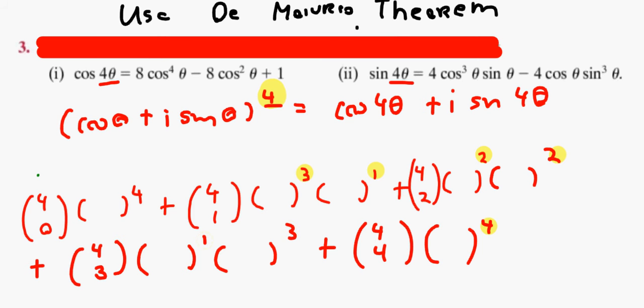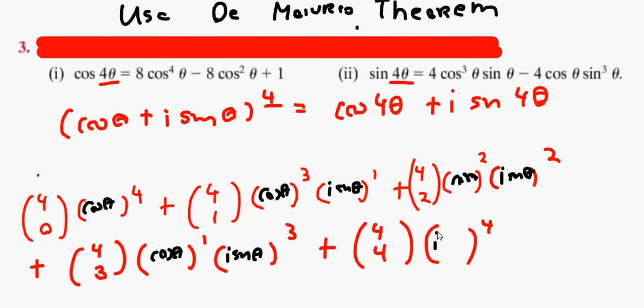Now, next part to this question. What we're going to do next is put in our numbers. So, what do we have here? Cos theta, I sin theta, cos theta, I sin theta, and then I sin theta to the power of 4.